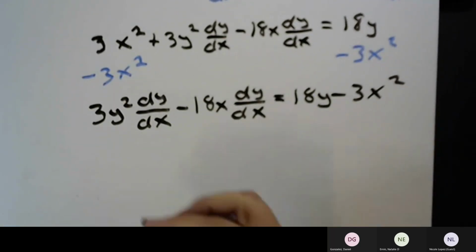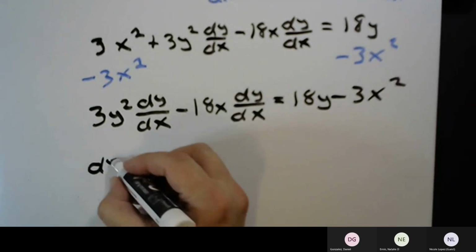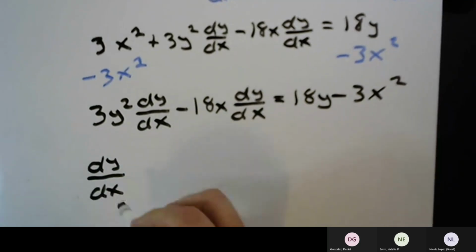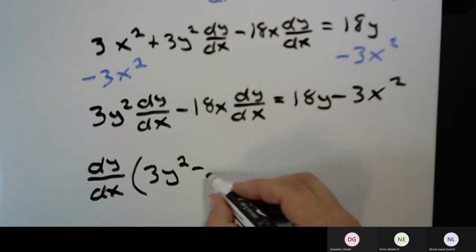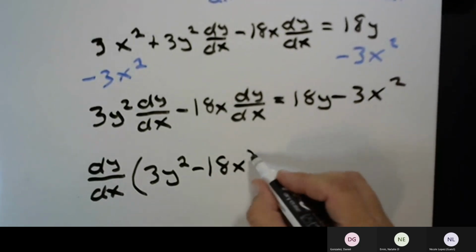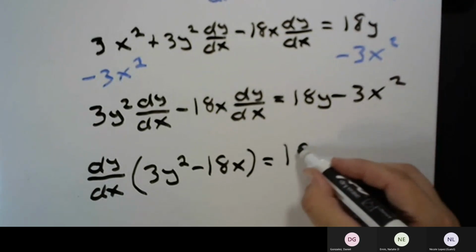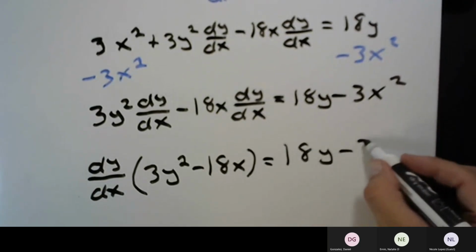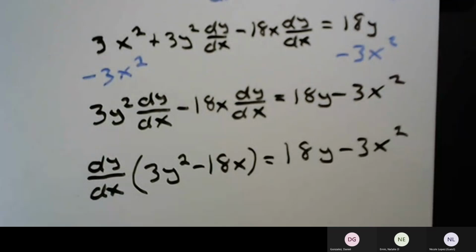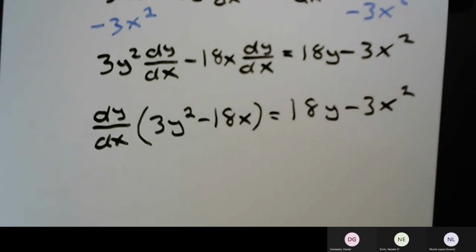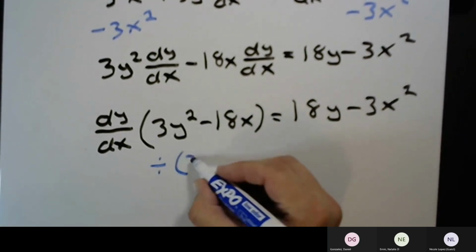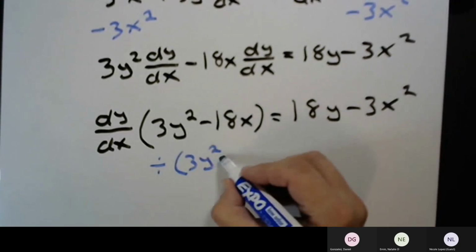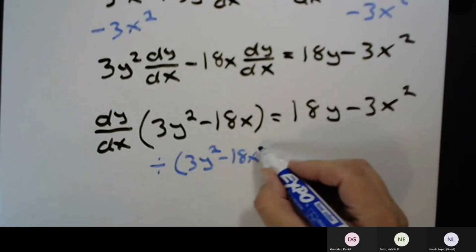So when we factor out dy dx, we're going to get that. And then what we'll do is we'll divide both sides by 3y squared minus 18x.